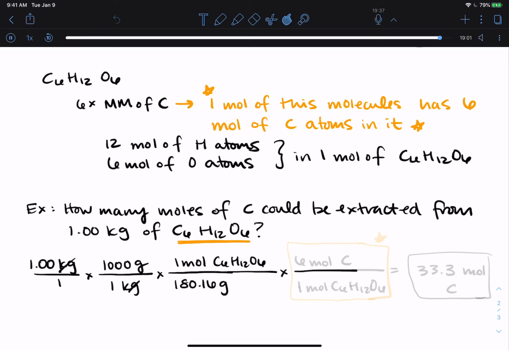And the latest thing that we've added, I know that in 1 mole of this molecule, there are 6 moles of carbon atoms. So this conversion factor, this relationship here, is the most recent one that we've added. And so if I plug all of this into my calculator, I get 33.3 moles of carbon.